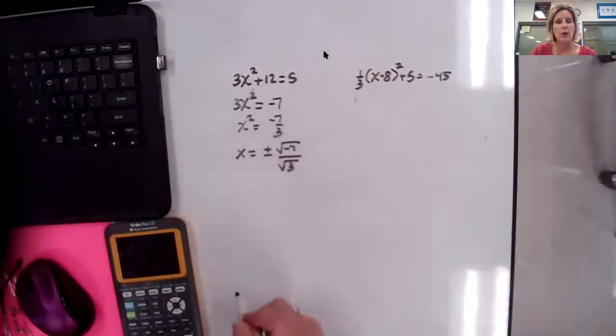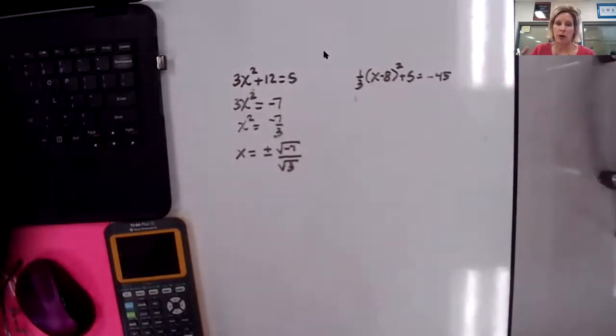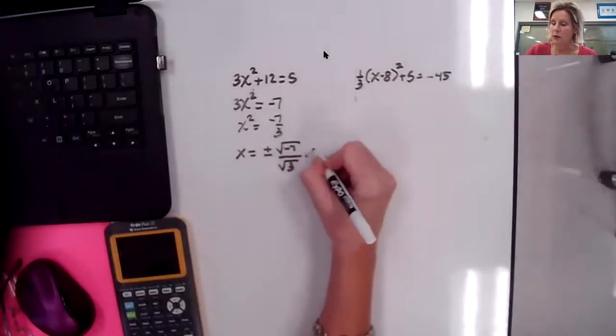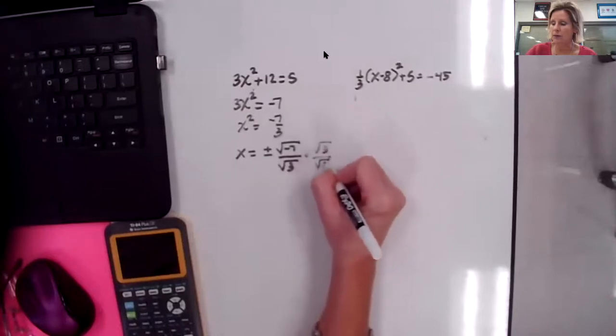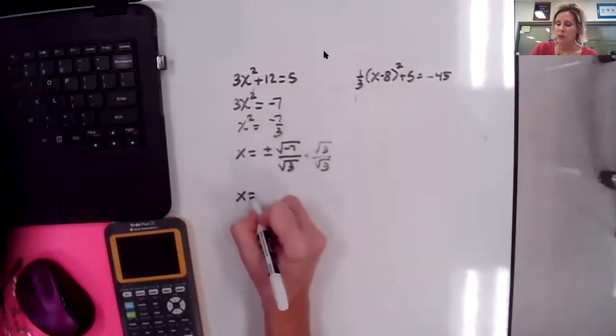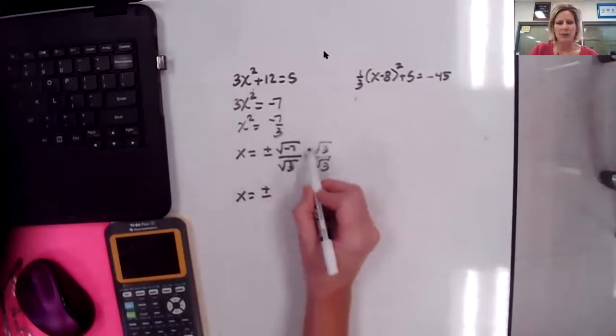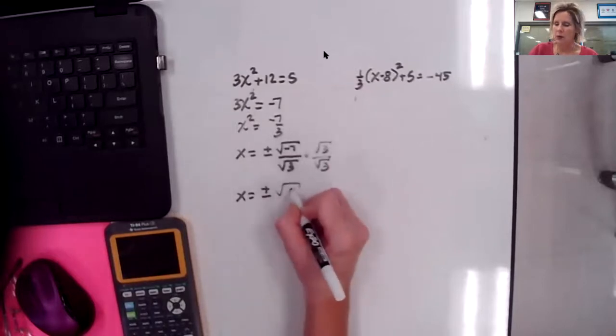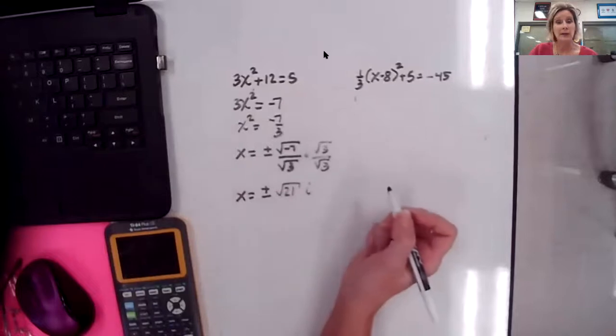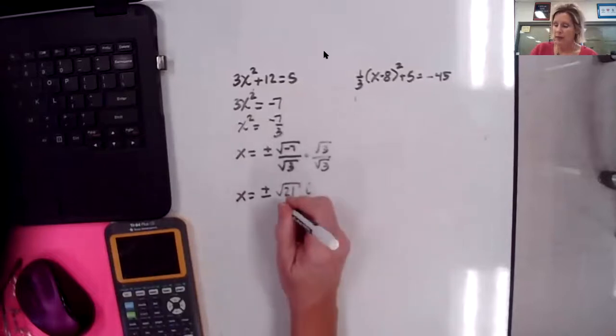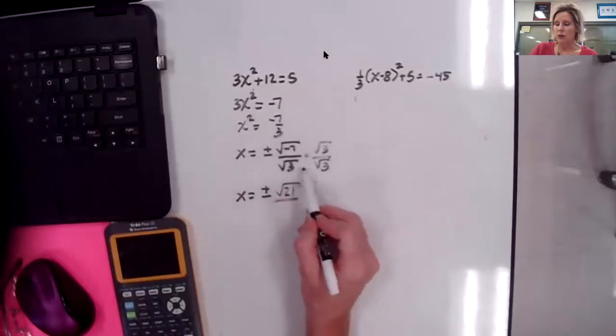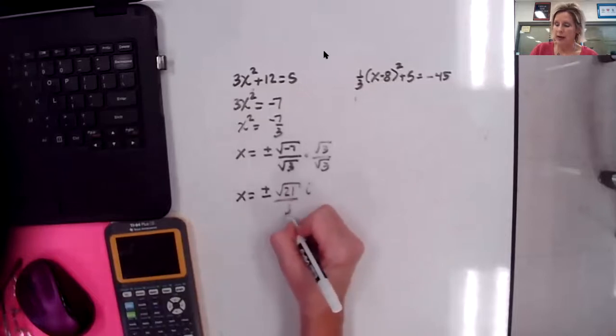So you need to go ahead and separate square root top, square root bottom. Multiply by the square root of 3 over the square root of 3. So x equals plus or minus, that would be the square root of negative 21, but let's go ahead and make it the square root of 21i. And then you have square root 3 times square root 3 is just square root 9, which is plain 3.